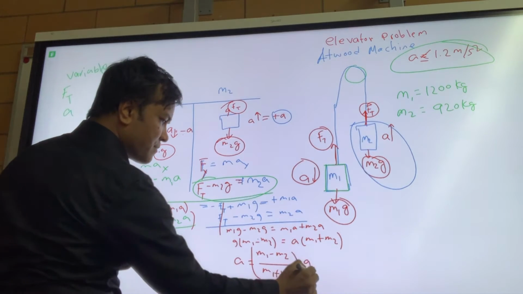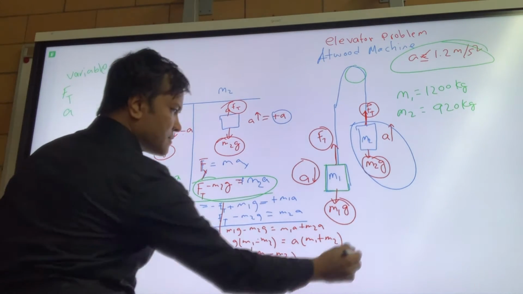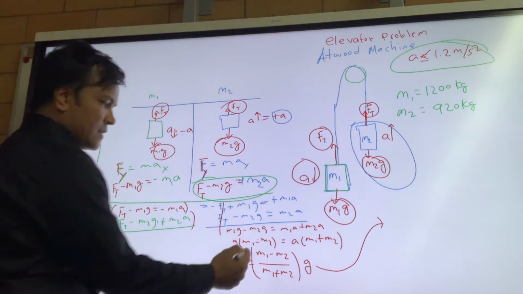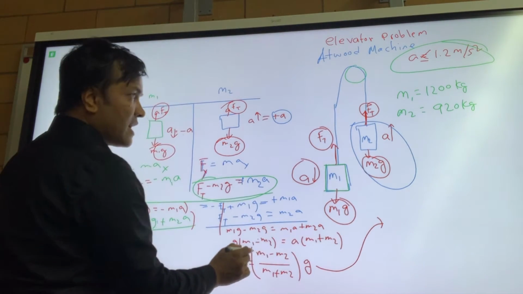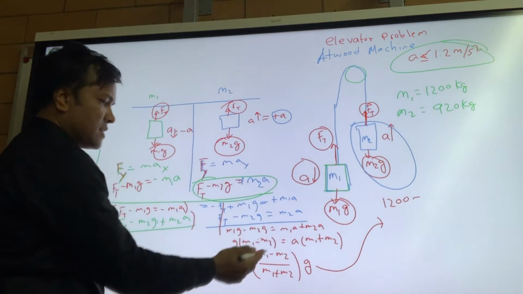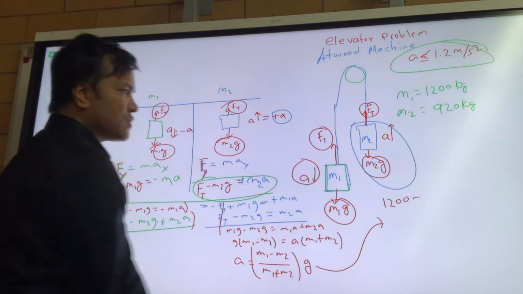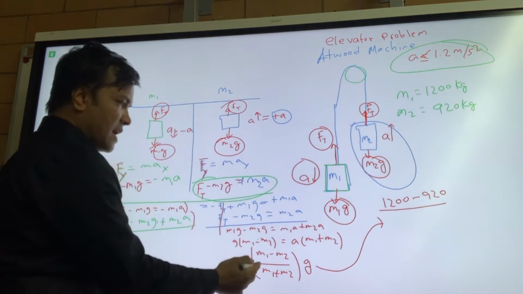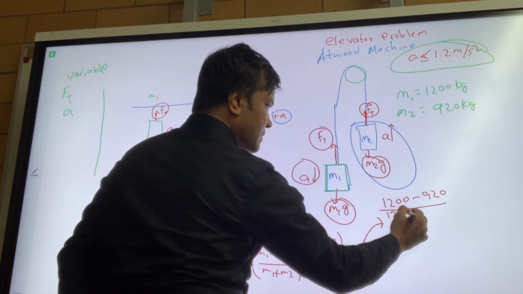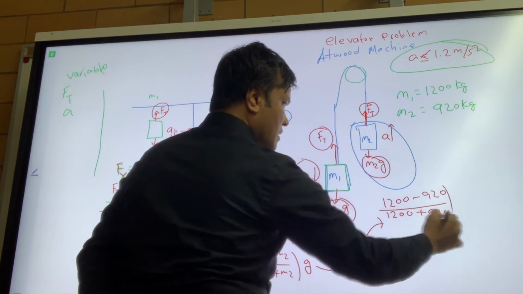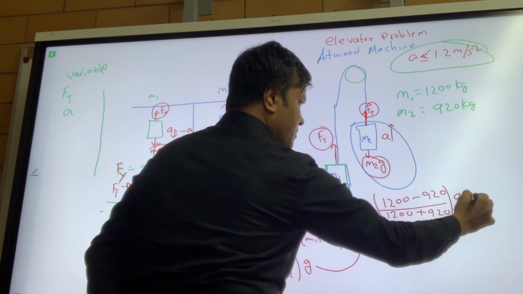This is g. All right, now we're going to plug in the values. M1 is 1200, M2 is 920, multiplied by 9.8.